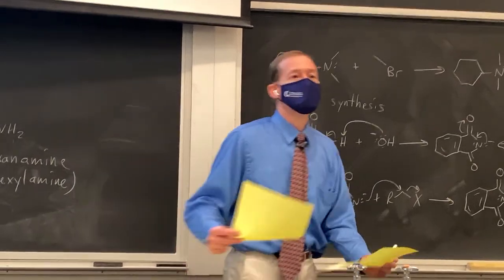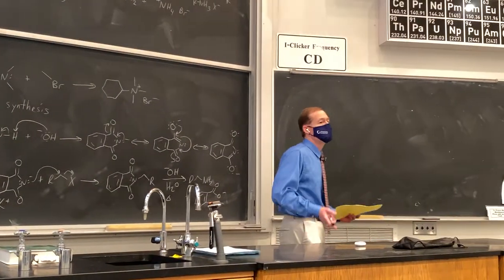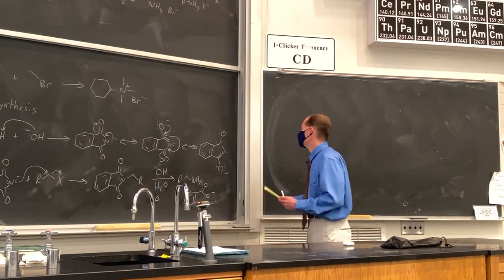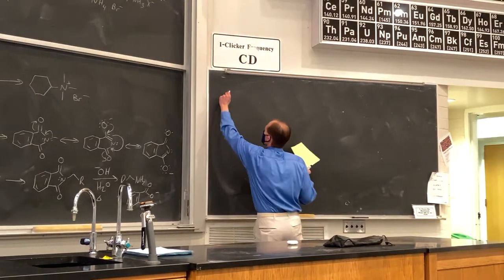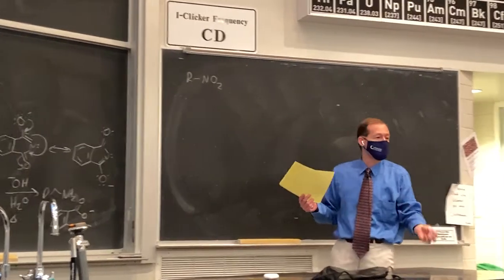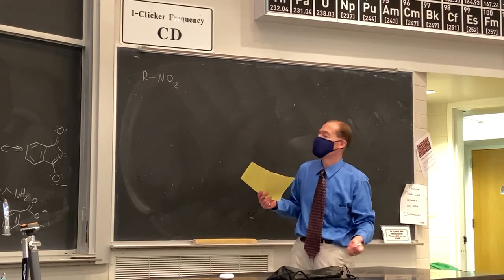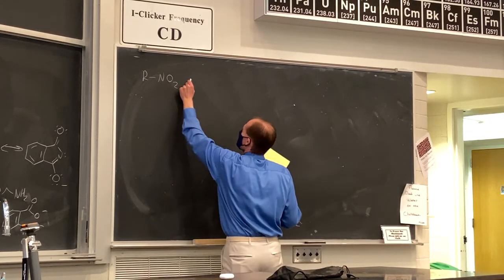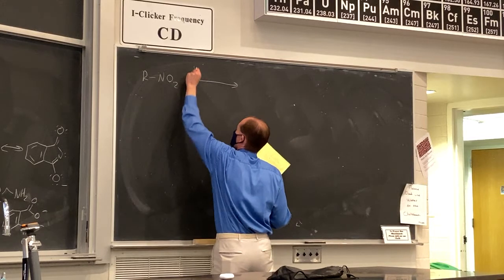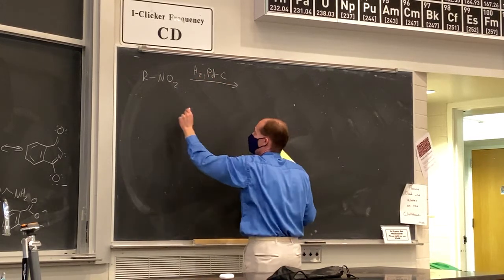So we can also obtain amines by reducing nitrogen-containing functional groups. And the first one we'll look at is the nitro compound. We learned about this back in chapter 18, where we can reduce nitro compounds to give primary amines.